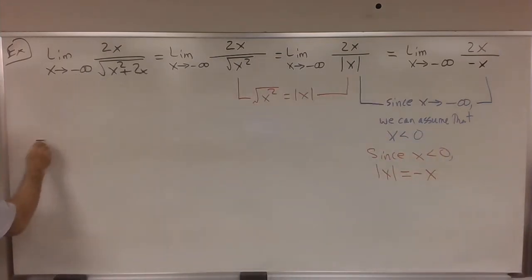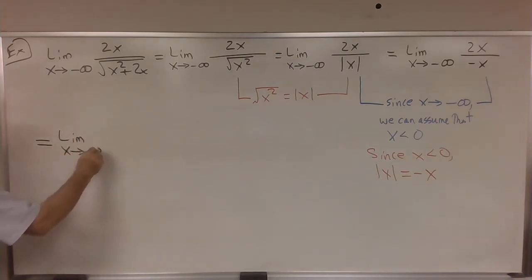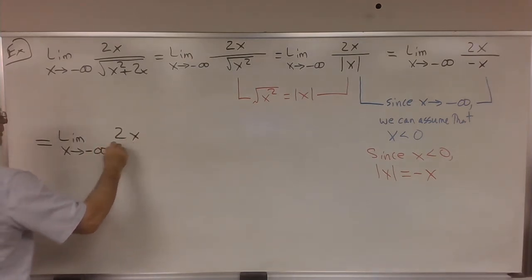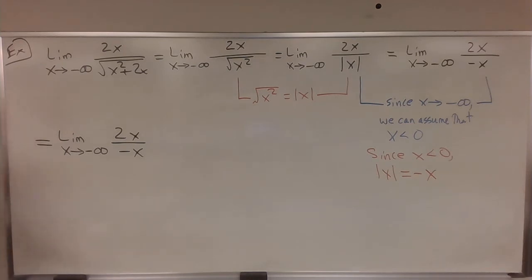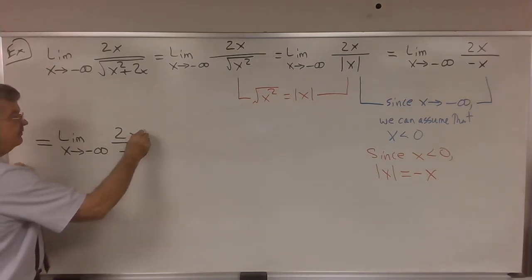And let me just copy that down over here since we're running out of room on the board. And now that I'm rid of the absolute value, I can cancel. I'll divide top and bottom by x.